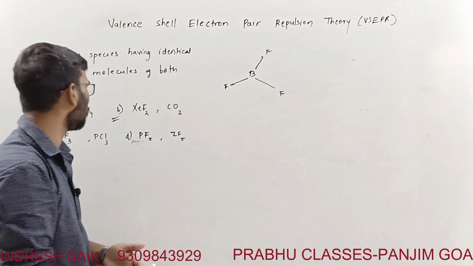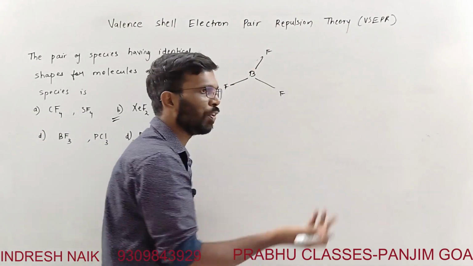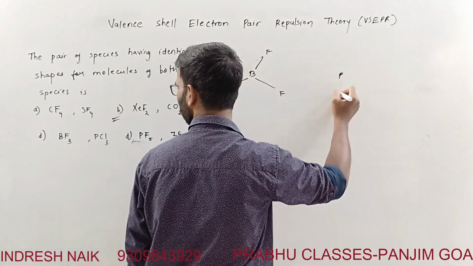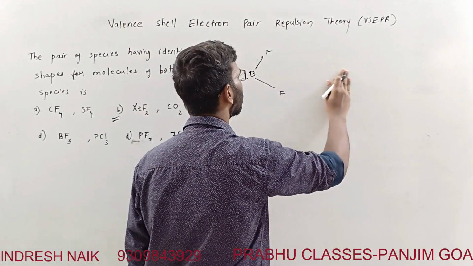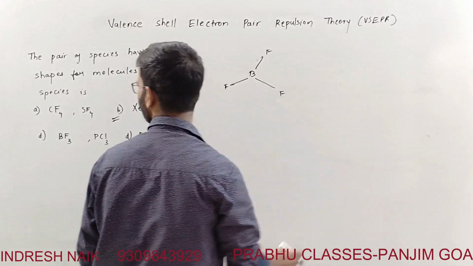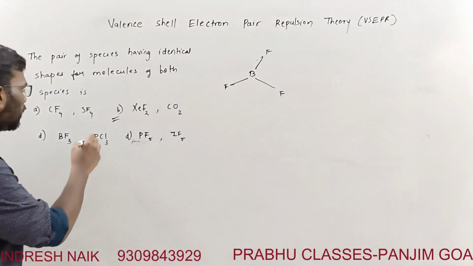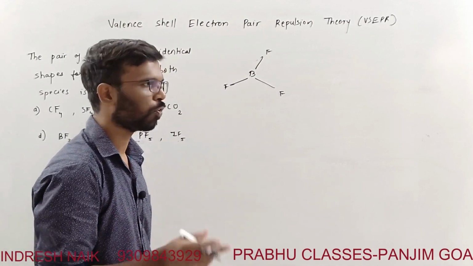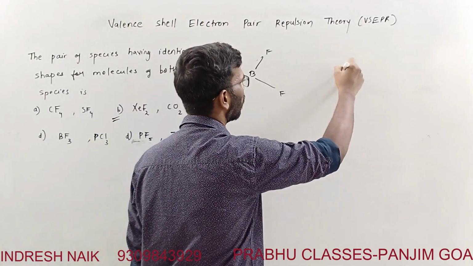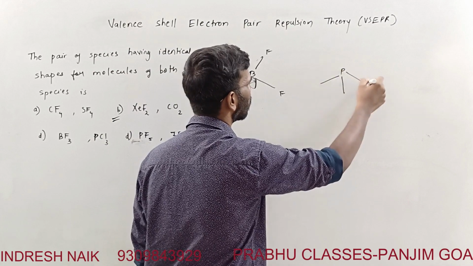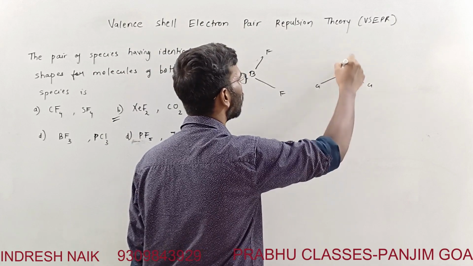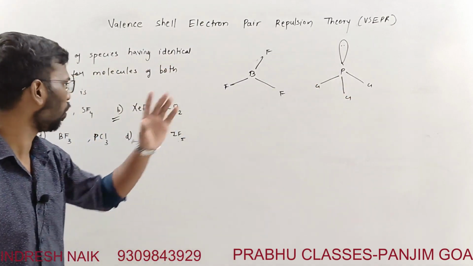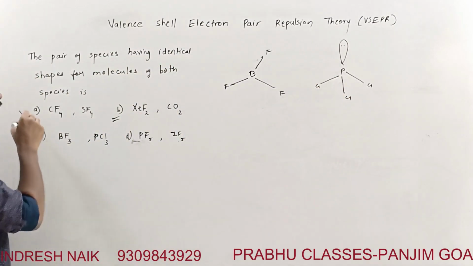And PCl3, phosphorus is having 5 valence electrons. So it is Cl, and this is one lone pair. It is trigonal pyramidal structure, not the same. So this is not the correct one.